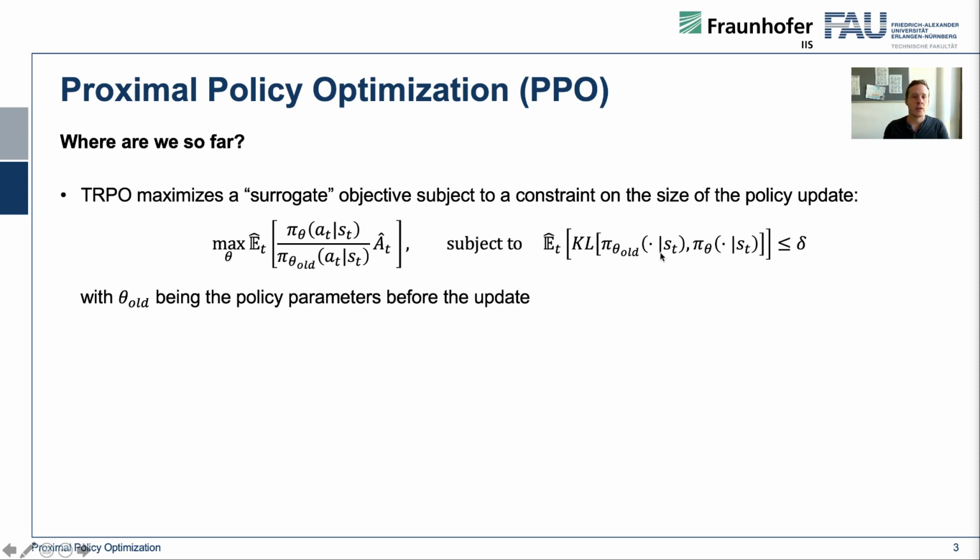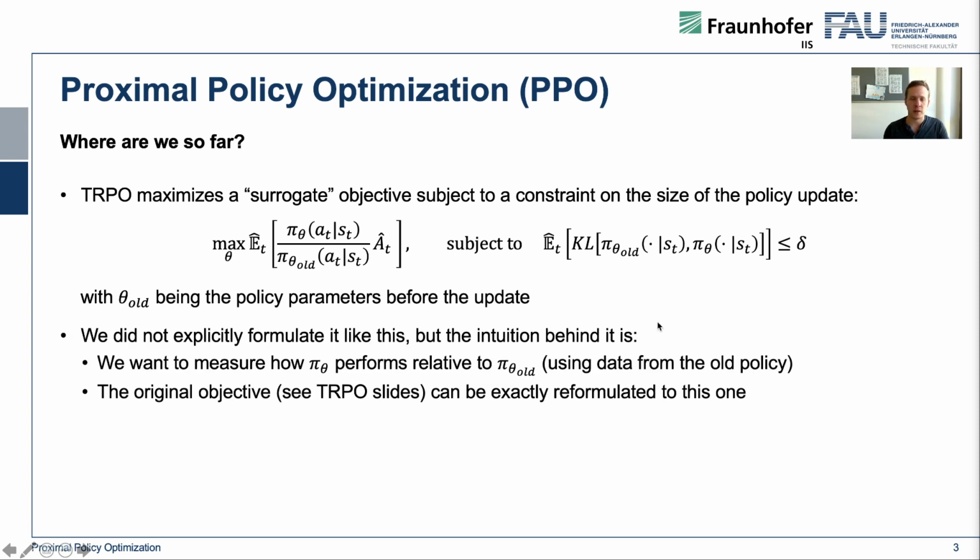We wanted the KL divergence between the probability distributions of our two policies to be lower or equal to some threshold, delta, which is the definition of our trust region between our two policies. So we wanted our policies to be close in policy space, with theta old being the policy parameters before we updated anything.